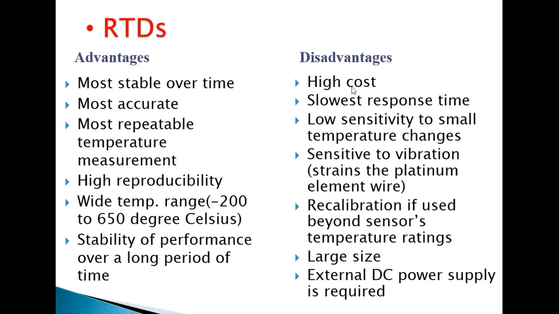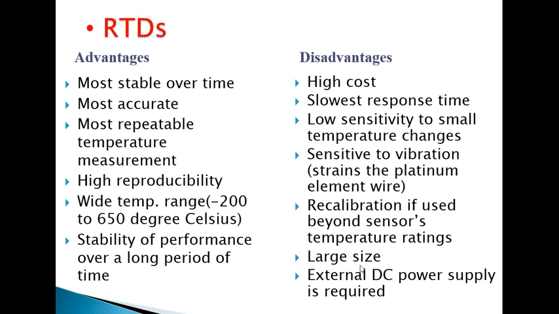Then the cost is high, its response time is slow, and its sensitivity is also low. If there is vibration, again there is a problem in sensitivity. Recalibration is required because over a period of time it may give you a different output for the same input, so recalibration or readjustment is required.